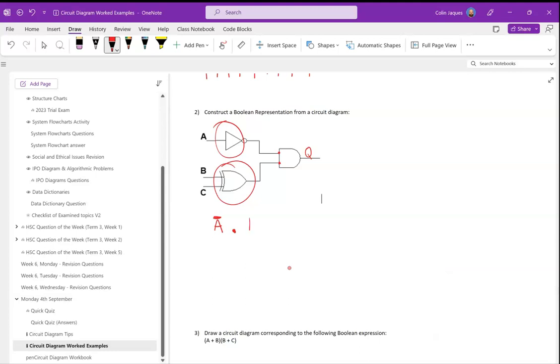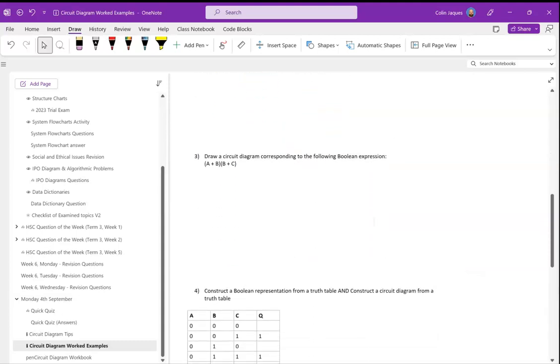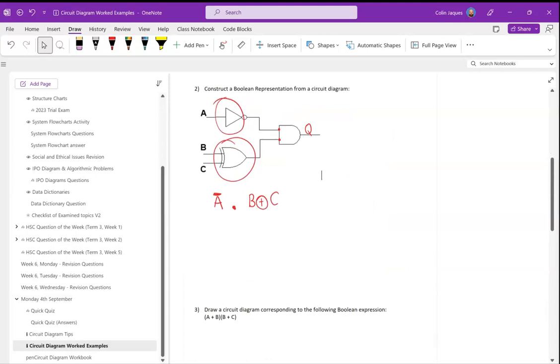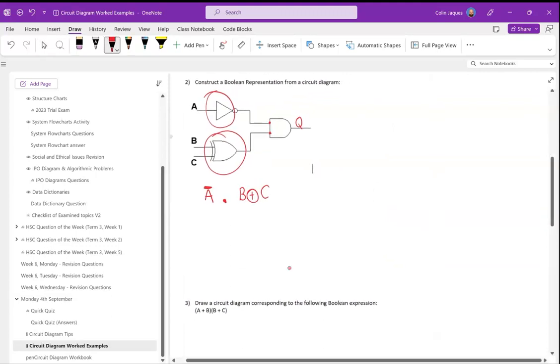To do that, I would write B plus, and I've got a special symbol there for an XOR gate. And that's it. To get the answer, I would need to do NOT A AND B XOR C. So that's how you answer those questions. I might just highlight that with that little arrow there.